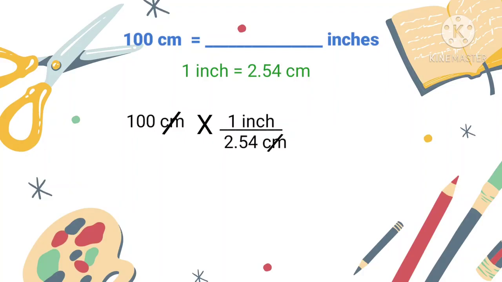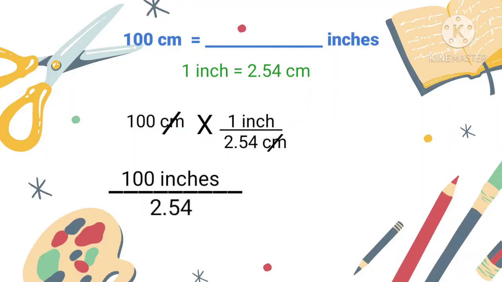100 times 1 inch is equal to 100 inches. We all know that when it is a whole number, then its denominator is 1. 1 times 2.54 is equal to 2.54. Through this process, we get the answer of 100 inches over 2.54.